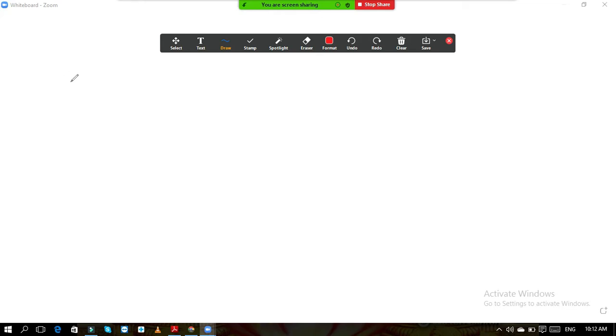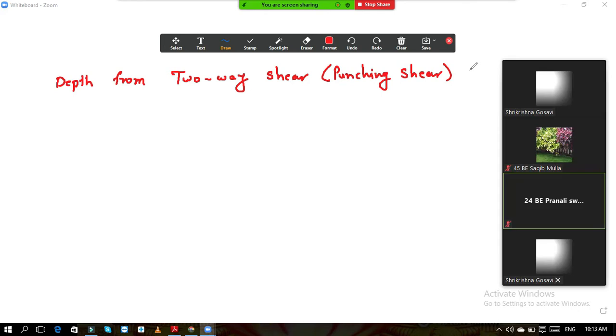Depth calculation, depth from two-way shear. This is also called punching shear consideration.